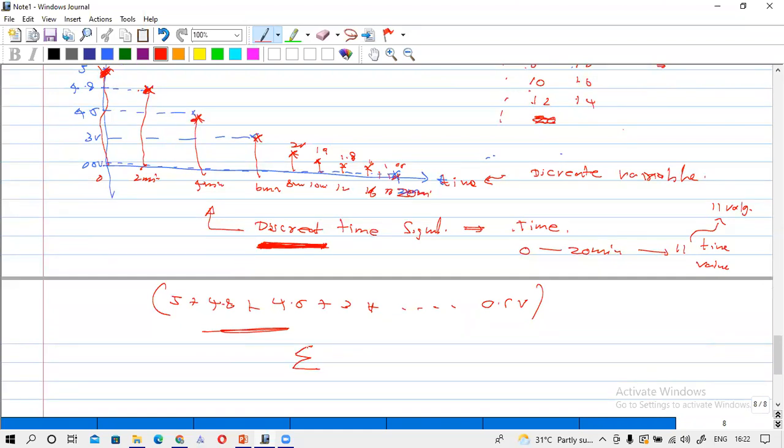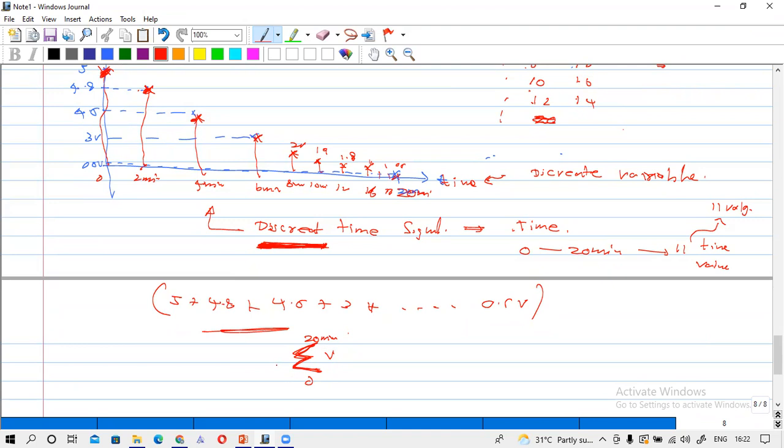Symbolically, we use the sigma notation for summation. So you will get the summation of volt from 0 to 20 minutes. This is the notation.